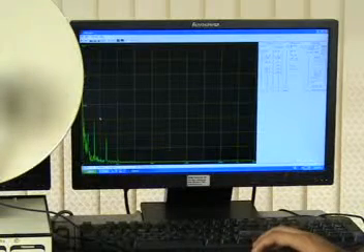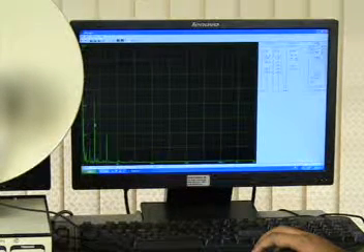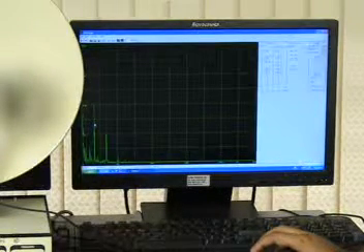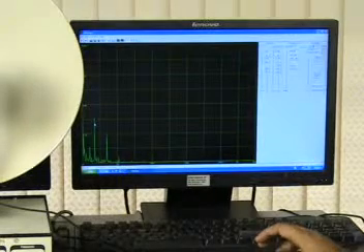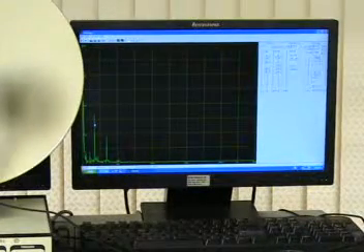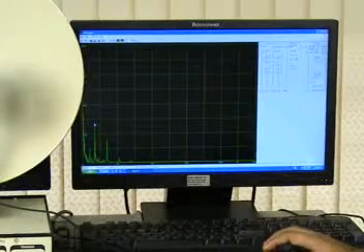So you see, this is my frequency for the fan, which is about 170 Hz. So we can find out the frequency of the fan.